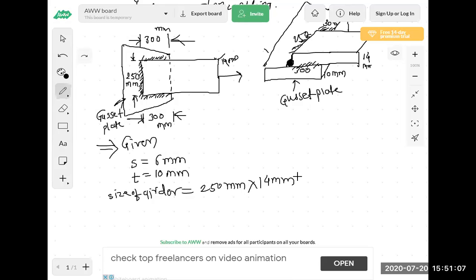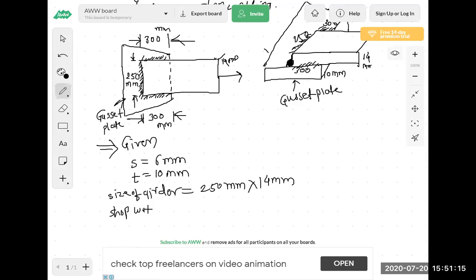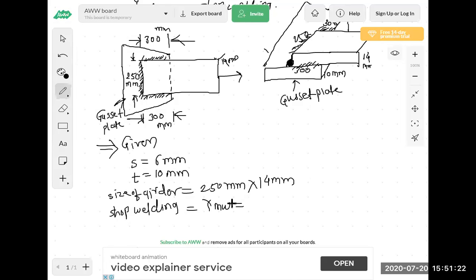Then they have given shop welding. For shop welding, what is gamma mw? For shop welding, gamma mw is 1.20 only. So this is the given data.